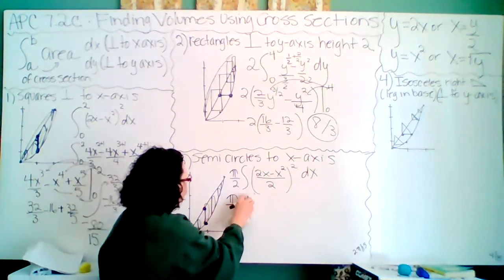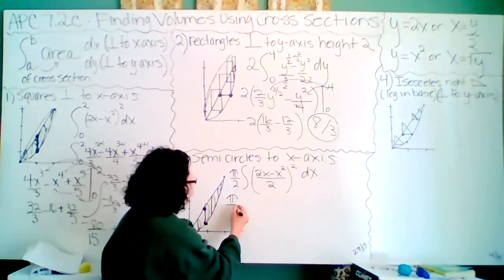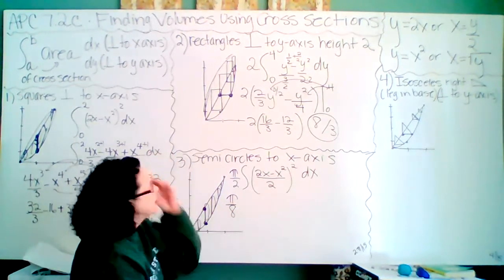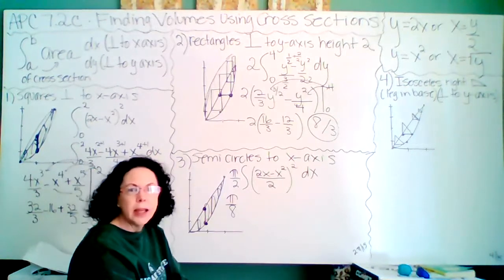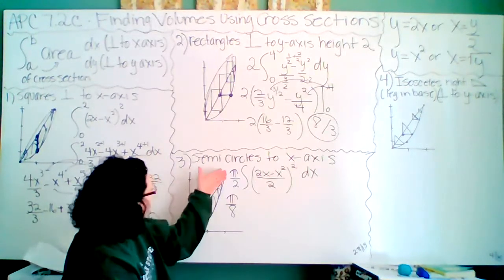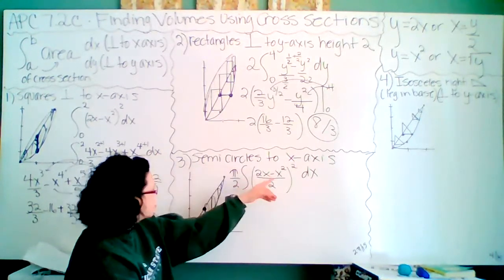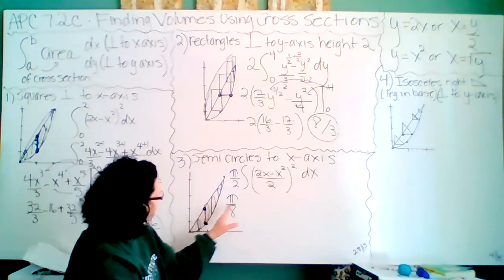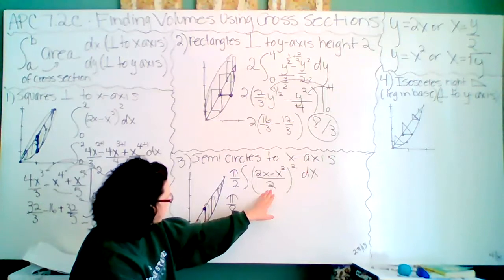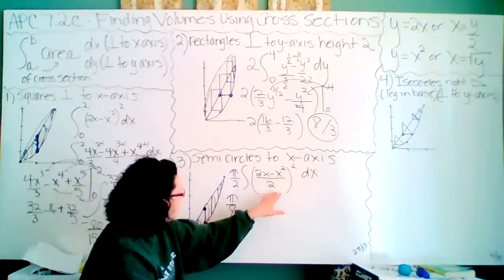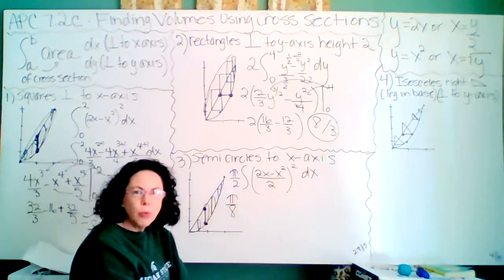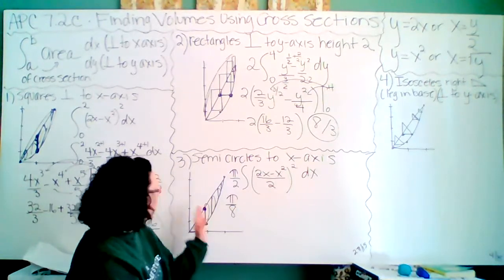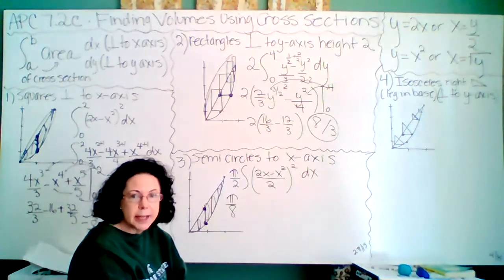If you notice, isn't it always true that if you have cross sections that are half circles, you always have 1/2 pi r squared? And if you have the diameter and you're dividing by 2 to get the radius, then you always have a 4 in the denominator. So won't you really always have pi over 8 when you are collecting semicircles? That's my idea.